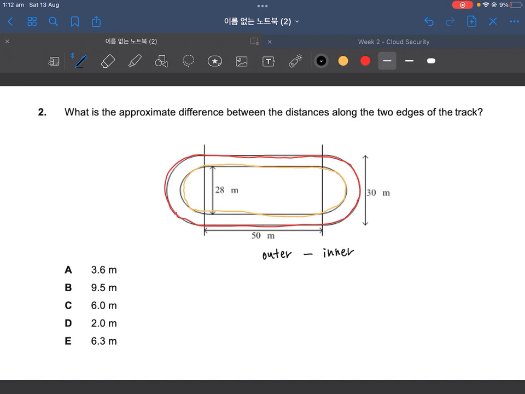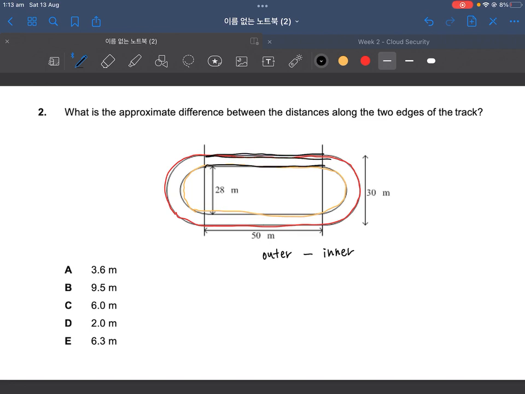But there's something we need to notice here. It's the fact that the outer straight section here is 50 meters, and the inner straight section is actually of the same length. So even if we do outer minus inner, the difference between these edges won't be found in these straight lines.